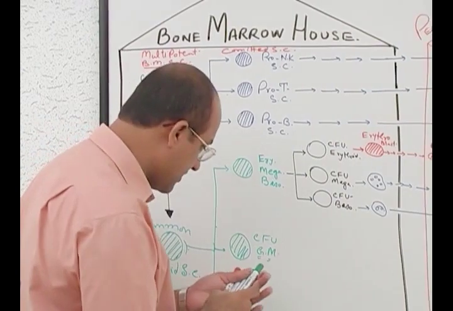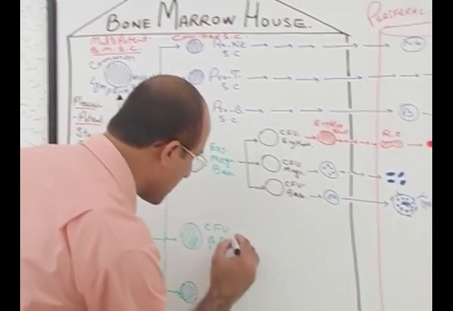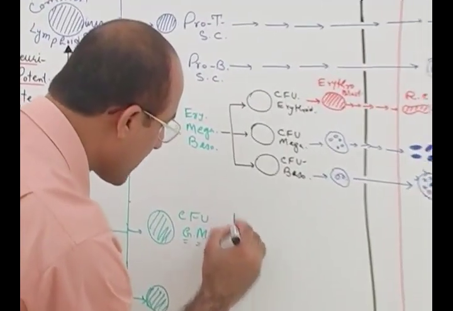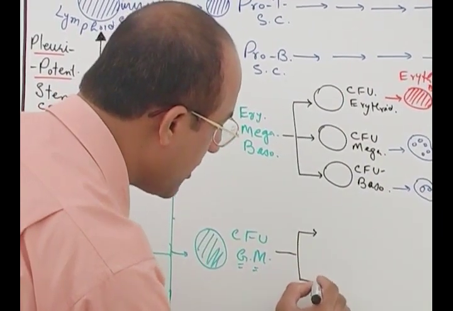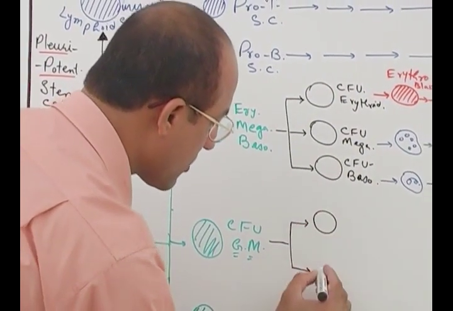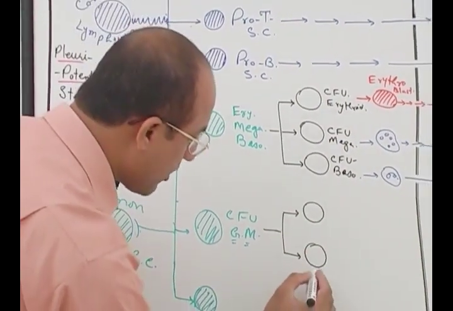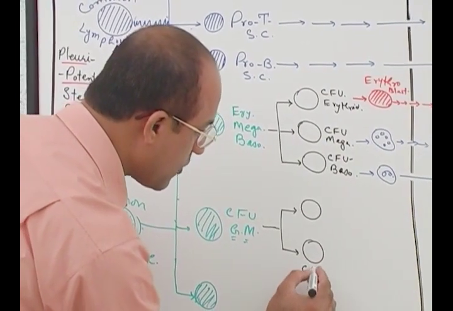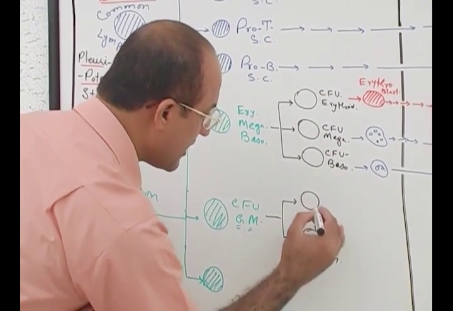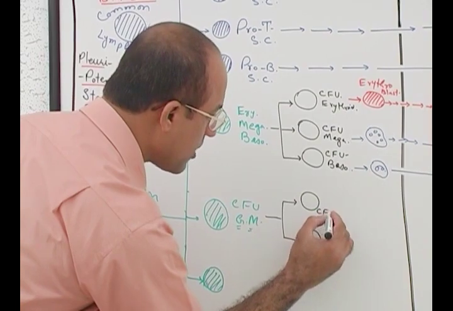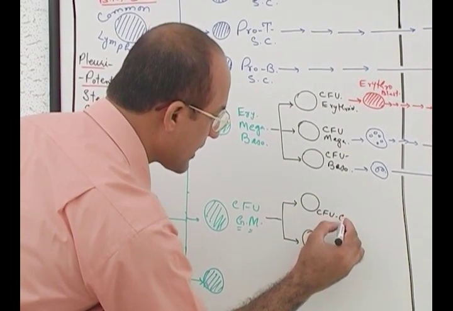So what happens is it will divide into two types of morphologically recognizable precursor cell. One cell will go along the colony forming unit of monocyte, the other is the colony forming unit for granulocyte.